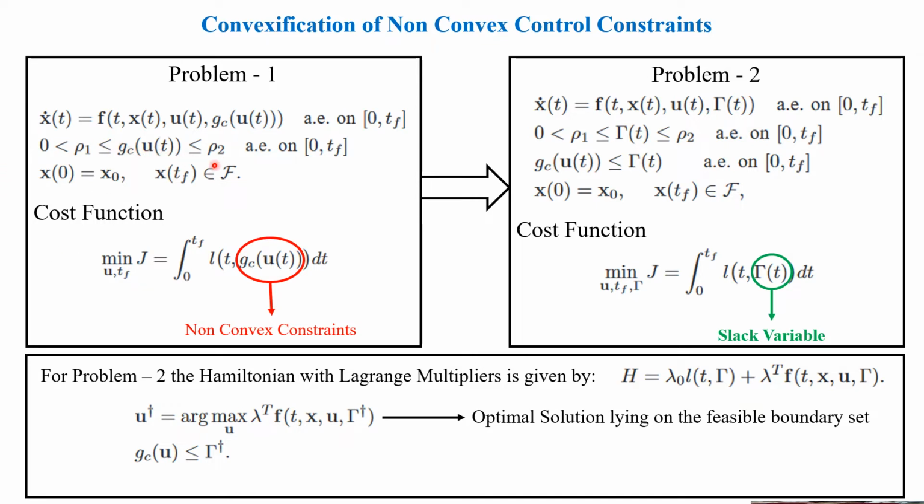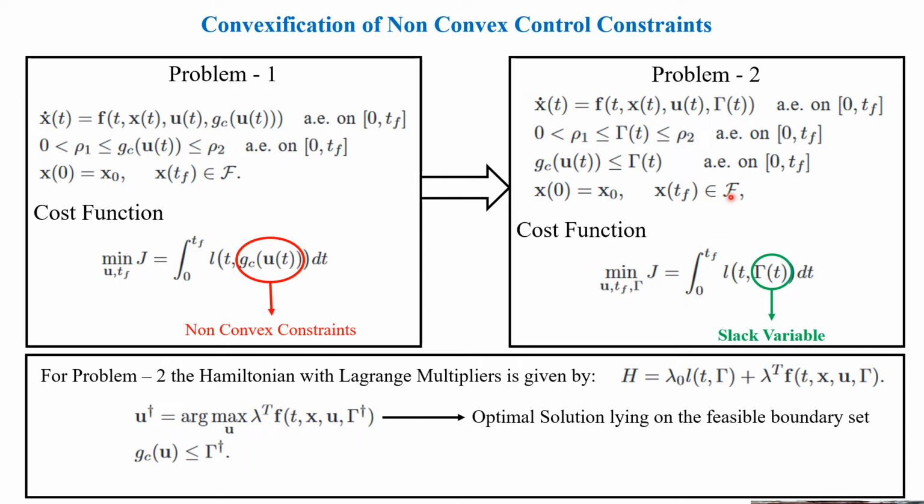If these constraints are non-convex, then the problem is to convexify. That means transform this entire problem to a problem 2, wherein problem 2 is convex, by introducing a slack variable. Now this slack variable also appears in the cost function such that the entire problem is convexified.